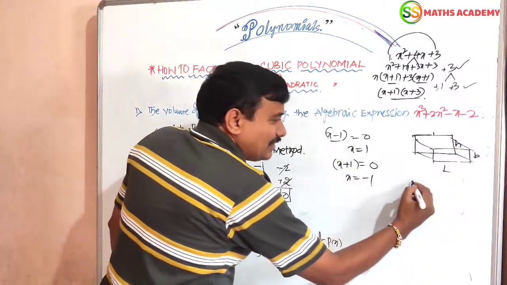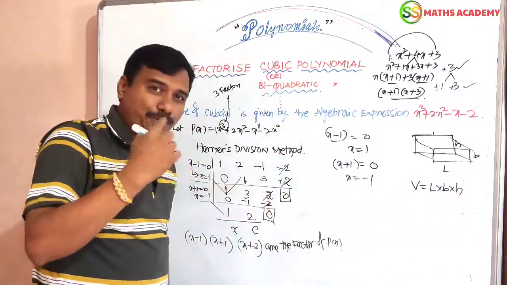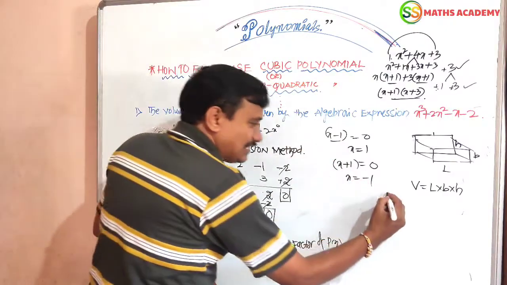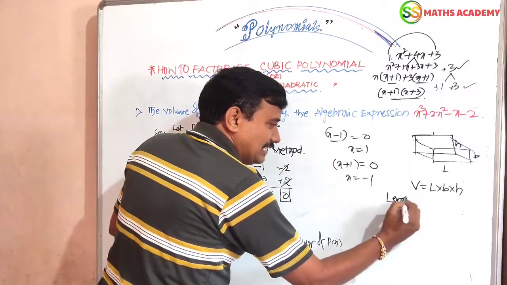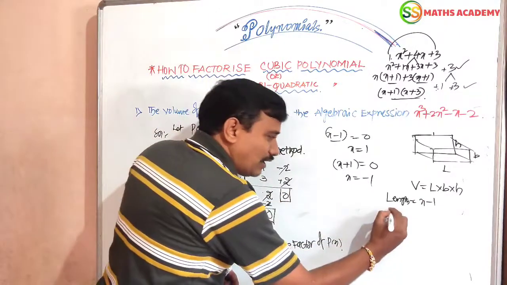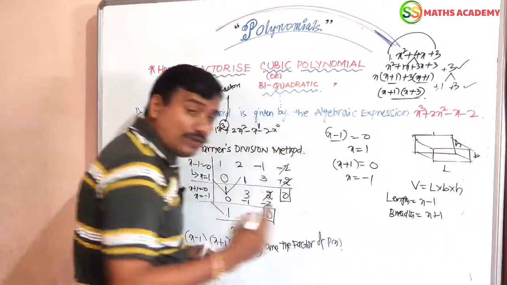Now, friends, the volume of a cuboid is nothing but length into breadth into height, L into B into H. The first value, length, we can consider as x minus 1 units. The second value, breadth or width, is x plus 1 units, friends.